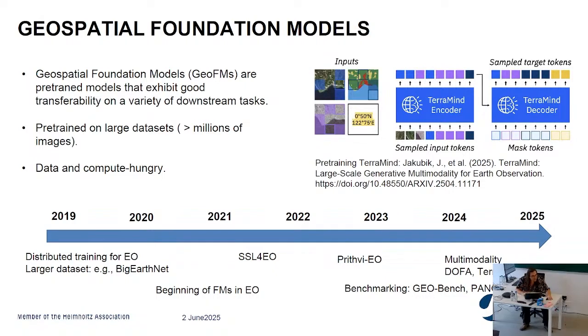So in 2018, 2019, they started with larger, carefully curated datasets. Then, of course, pre-training, training in parallel on clusters. Then more datasets and larger models. Then 2023, I believe, Prithvi EO, the first version by Johannes, who is also here in the room.